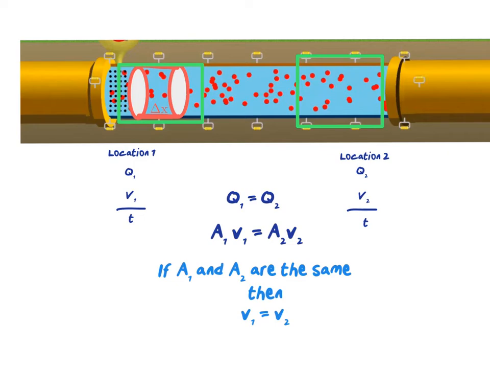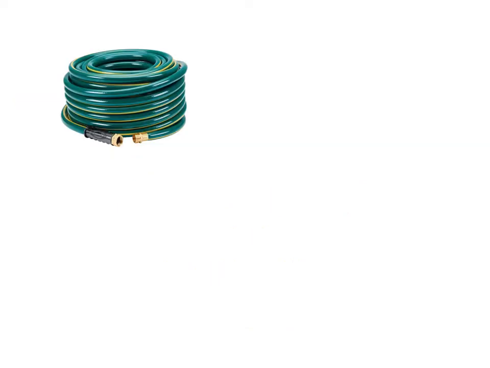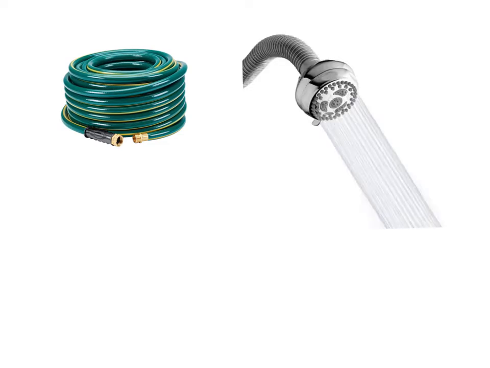Now let's take a look at a really cool phenomenon that we've all probably experienced if we played with a garden hose, or even a shower head that you can change settings on. We notice that there's ways to make the water appear, at least, to come out faster from the opening.